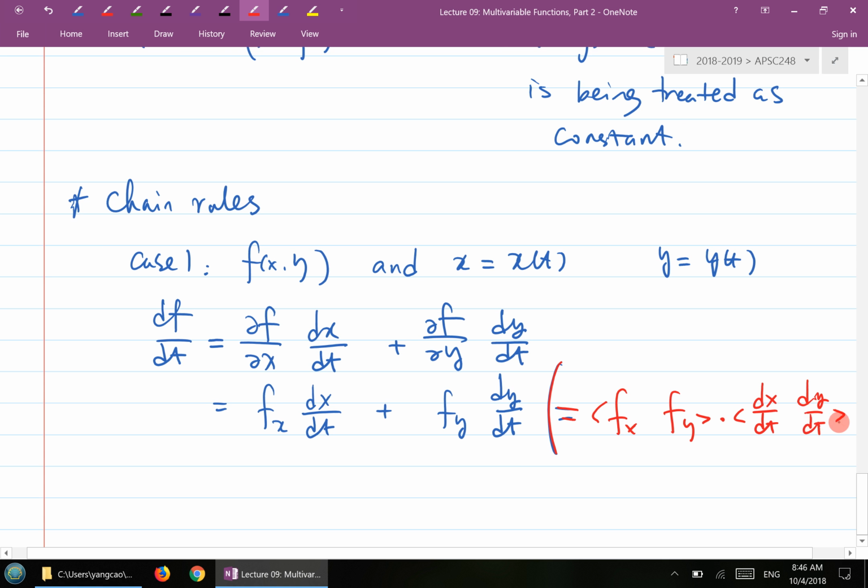You can see that I can define a vector as fx, fy, and I can define another vector dx over dt, dy over dt. Then for this particular derivative, it becomes just a dot product between these two vectors.